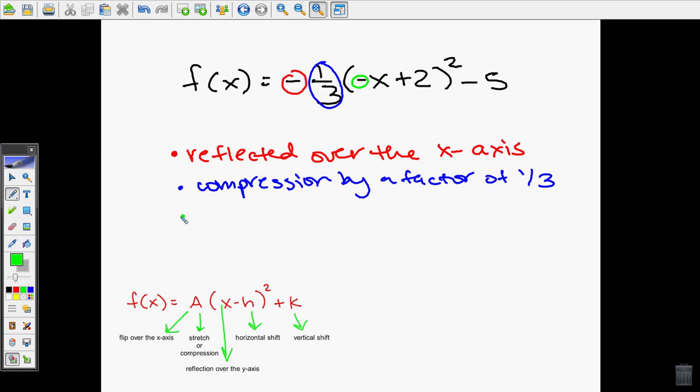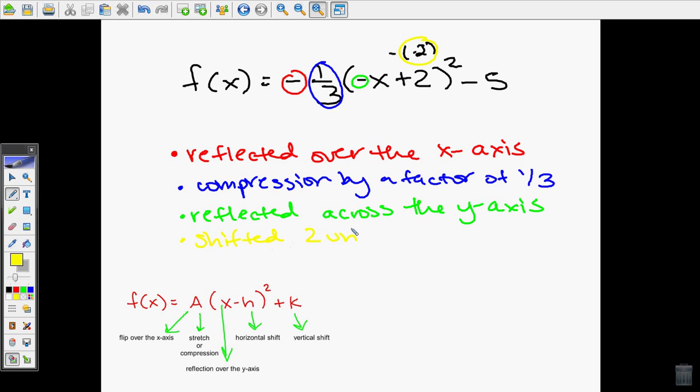Because of the negative, it is reflected across the y-axis. Remember, because of this, this is really minus -2, which means our h here is -2. So it's shifted 2 units left because of the -2. And then because of this -5, it is shifted 5 units down.